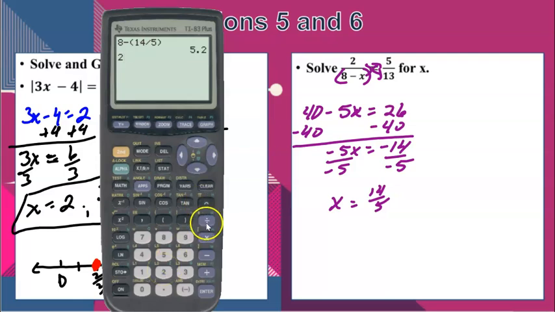So if I did 2 divided by 5.2, it's going to give me a decimal, and if I put that as a fraction, you get 5/13, which is what I have listed here.